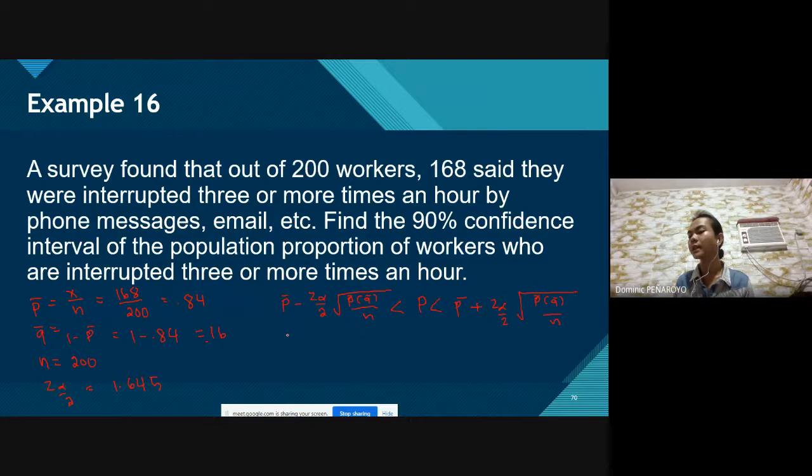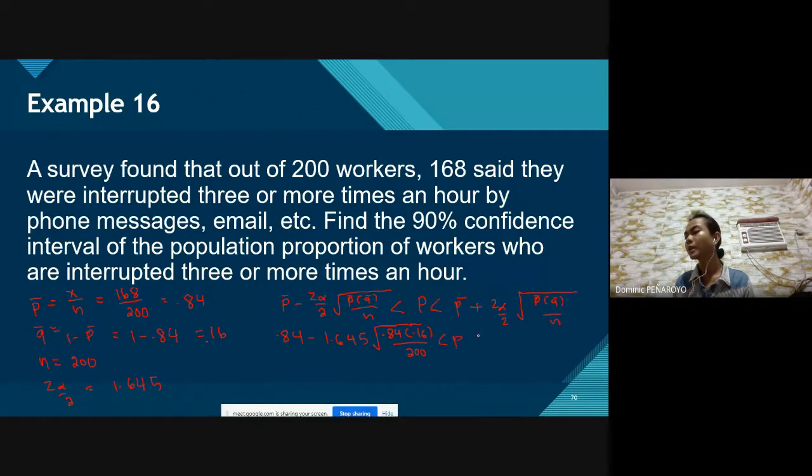So substitute lang natin: 0.84 minus 1.645 times square root of 0.84 times 0.16 all over 200. Okay? That's for the lower limit.